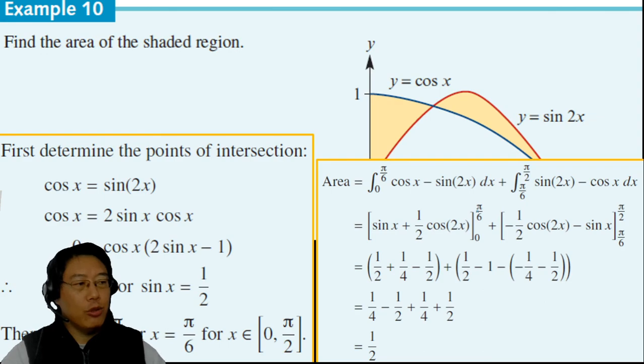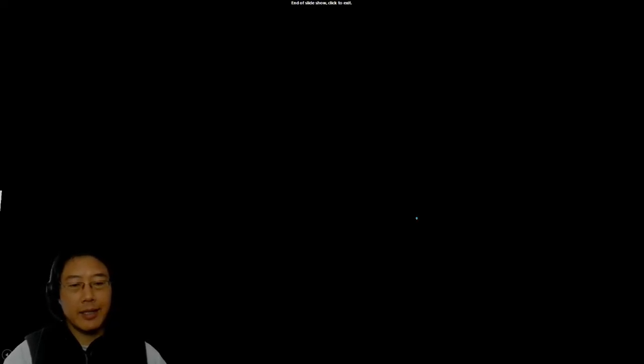You substitute your boundaries. Okay? You expand your brackets, regroup the like terms, or simplify your fraction. That gives you 1 over 2. Okay? Use the CAS calculator to verify. Don't forget to use a modulus. Alright? And that's it. That's 8a and 8b.